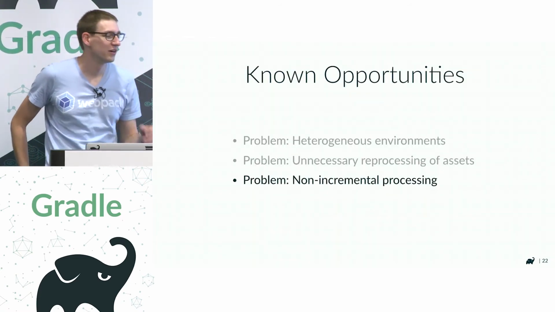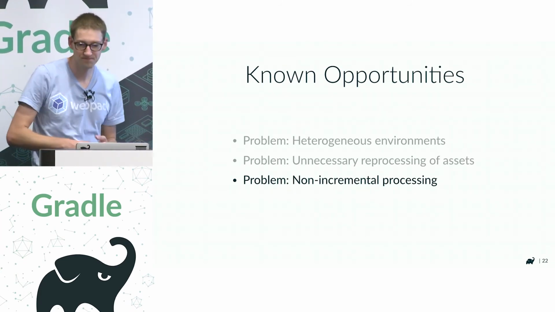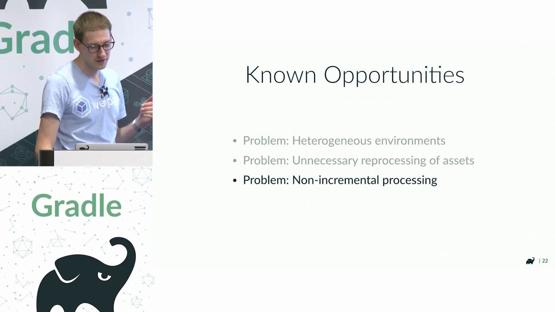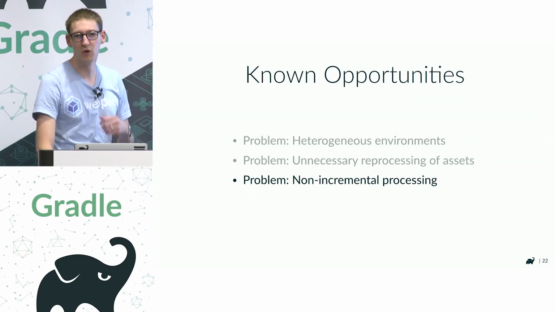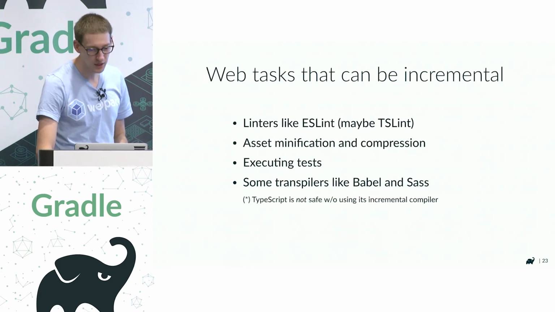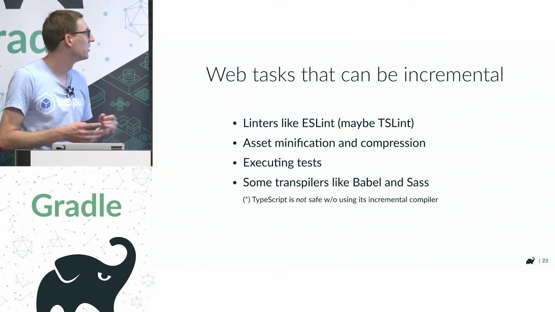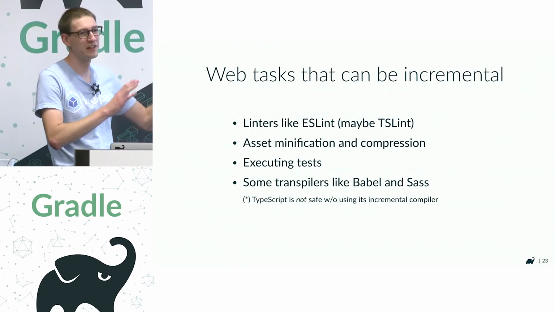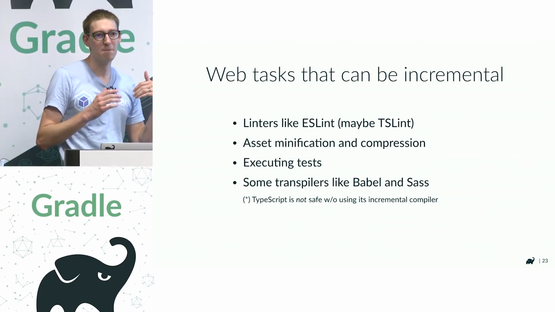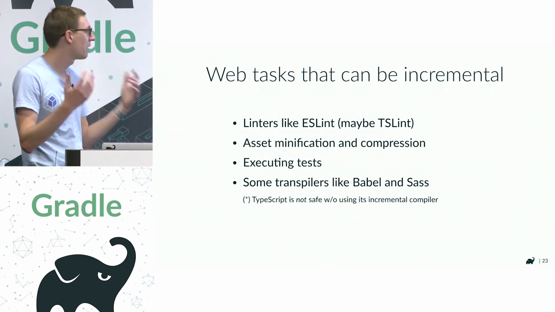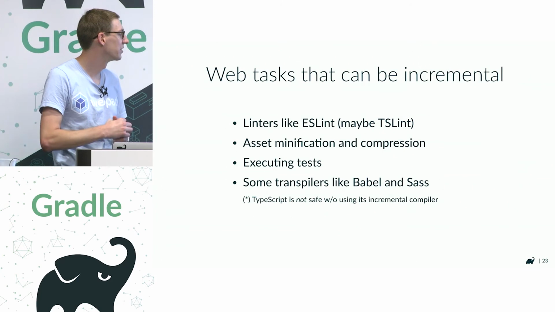Okay, so now we're able to avoid reprocessing assets after no changes. Now let's see if we can make it incremental, so that if only a few sources change, we only reprocess those sources. And we can do that with incremental tasks in Gradle. Now here are some tasks that could theoretically be incremental: linters like ESLint and TSLint, minification, compression, some transpilers, Babel, Sass, and so forth, executing tests.